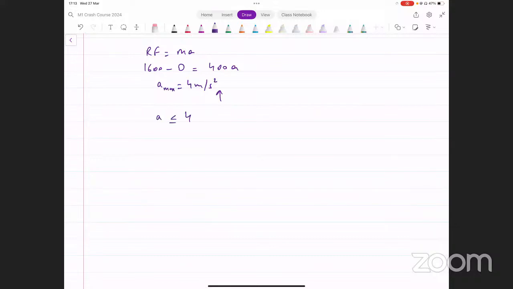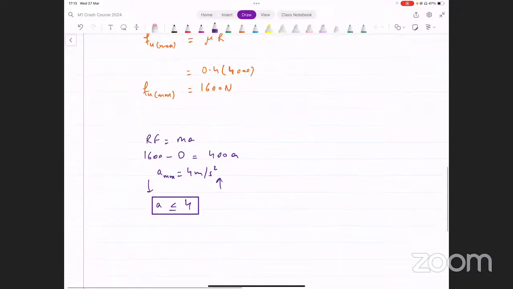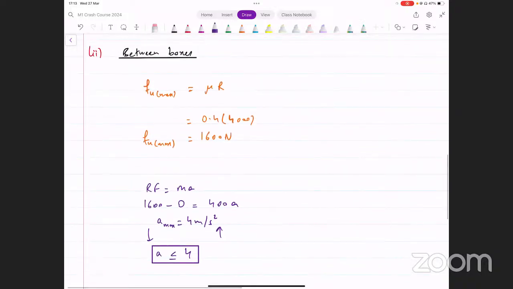So acceleration is supposed to be less than or equal to 4. That is what we had to prove in the first part of this question. Does that make sense? Any problem with this?